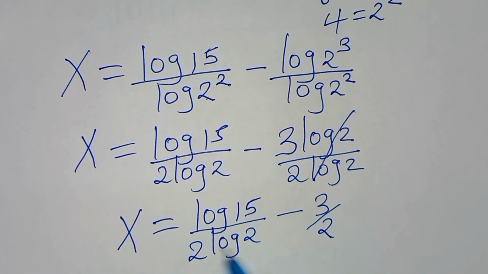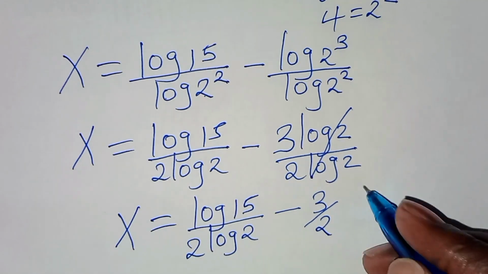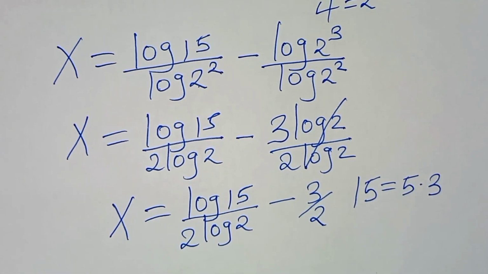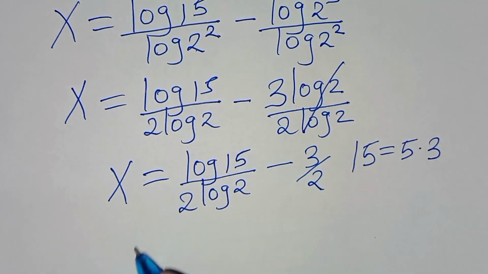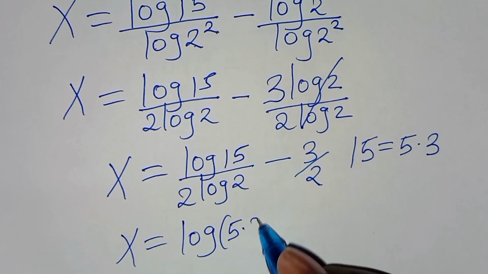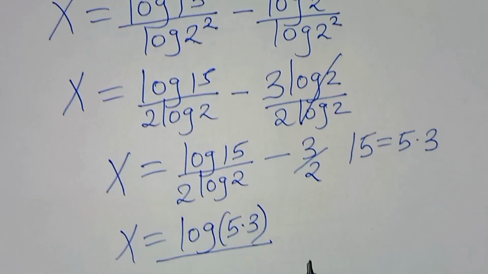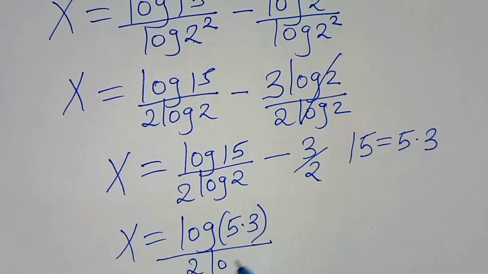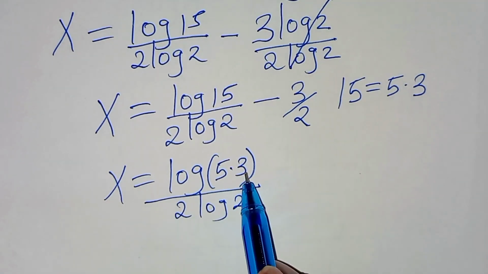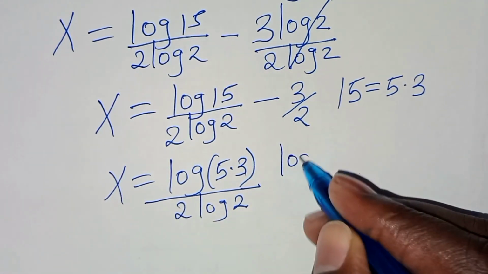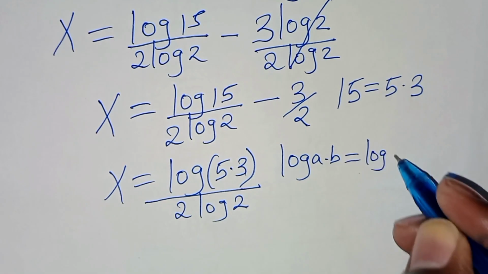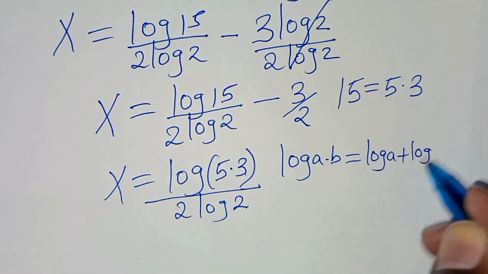Now the next step here, we can express 15 as 5 times 3. Let's substitute this, so that x is equal to log 5 times 3, all this divided by 2 log 2. So log 5 times 3, this is in the form of log a times b, which you can express as log a plus log b.